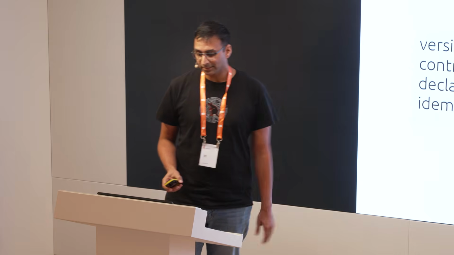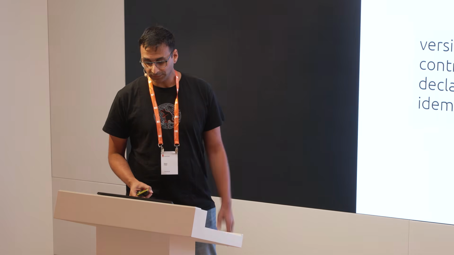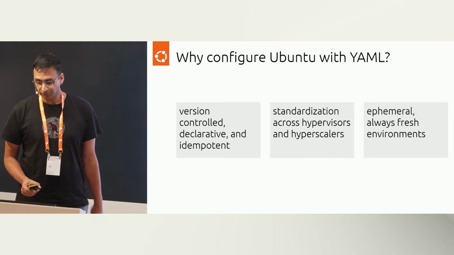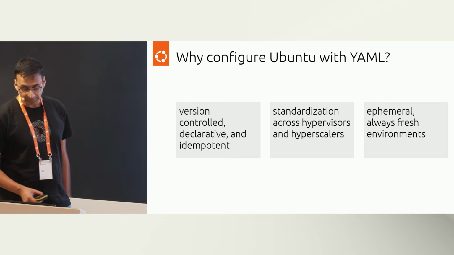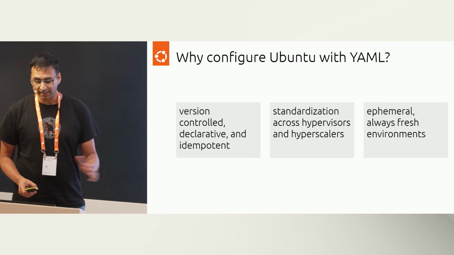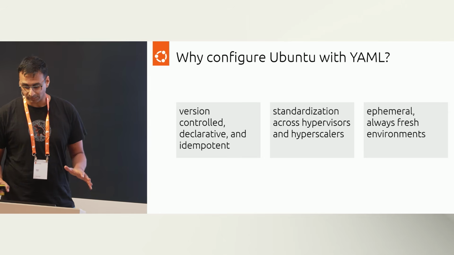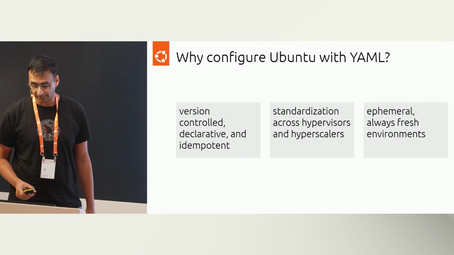So this is why we use YAML. YAML is a human-readable configuration file. It's lightweight and dead simple to version control and validate against a schema. You describe the exact end state that you want, and the engine ensures it looks that way every single time without side effects.